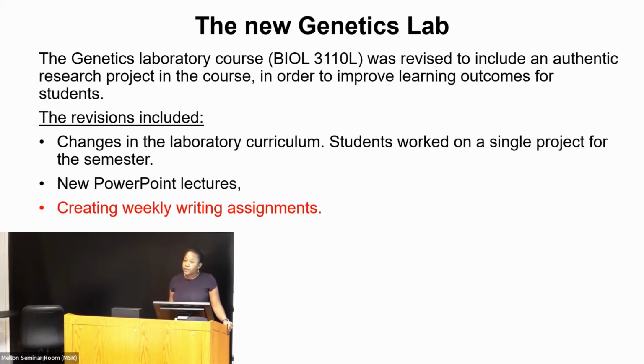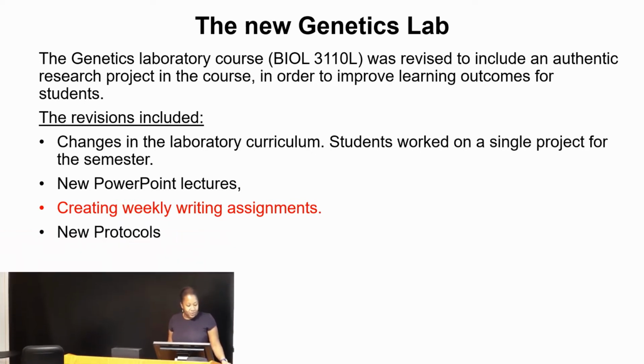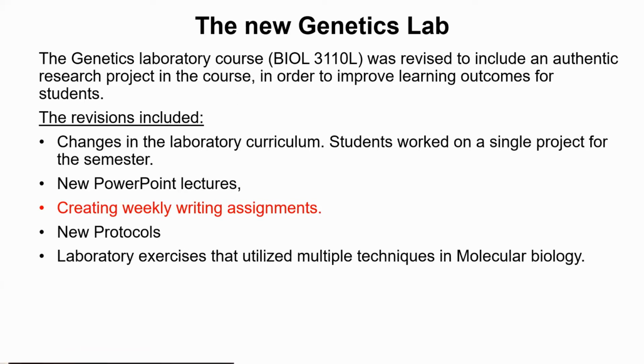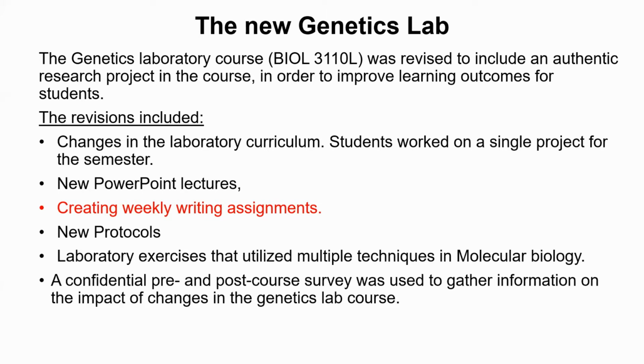We had to create these weekly writing assignments, which is what I'm going to focus on today because that's the small thing for today's talk. And we had to set up new protocols and new lab exercises that utilize multiple techniques in molecular biology because it's a genetics course. We included a pre and post-course survey to gather information on the impacts of the changes.